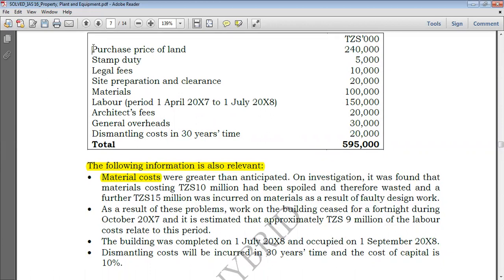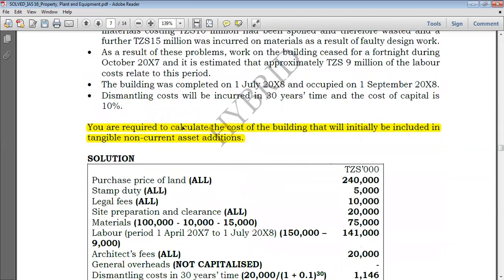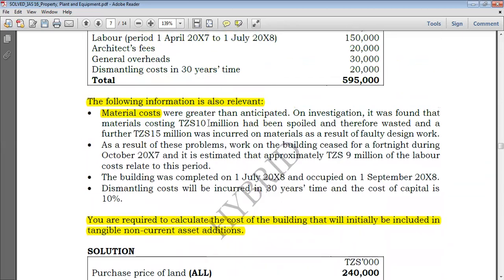If you start from the top, you have the purchase price of land. We already said purchase price is capitalized, but we reduce trade discounts, and we have not been given discounts here. Looking at these notes, there is nothing giving information about the purchase price of land. So you just capitalize it all, 40,000.